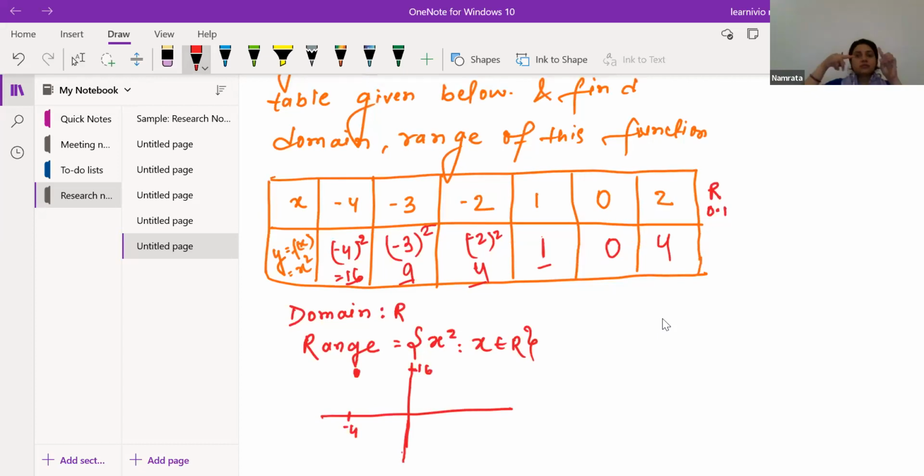When you plot it on the graph paper, or even when you draw the coordinate axes properly, if x is -3, y is 9, somewhere here. If x is -2, y is 4, somewhere here. So you will find that your graph will go like this.